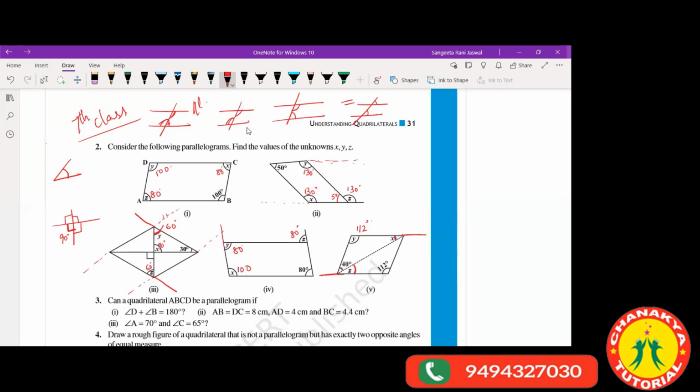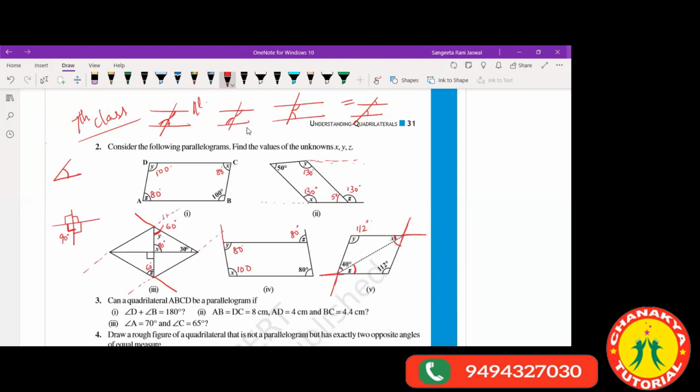So we cannot say that this angle is 40 degrees, because this has to be a base angle. If I extend this line and I extend this line, this angle is making a base with this and this.